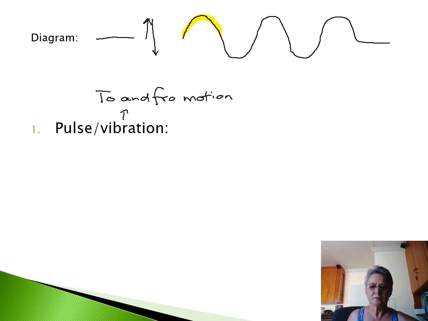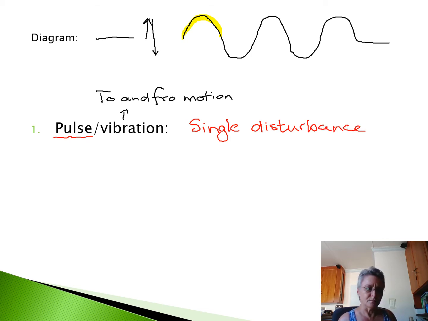A pulse is a single disturbance that moves through the medium. I think in your textbook they use pulse slash vibration if you look on page 225. Now, vibration is slightly different to the definition of a pulse.